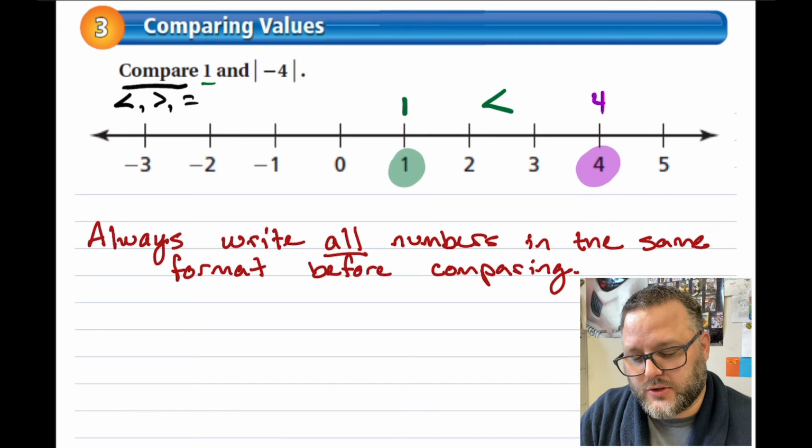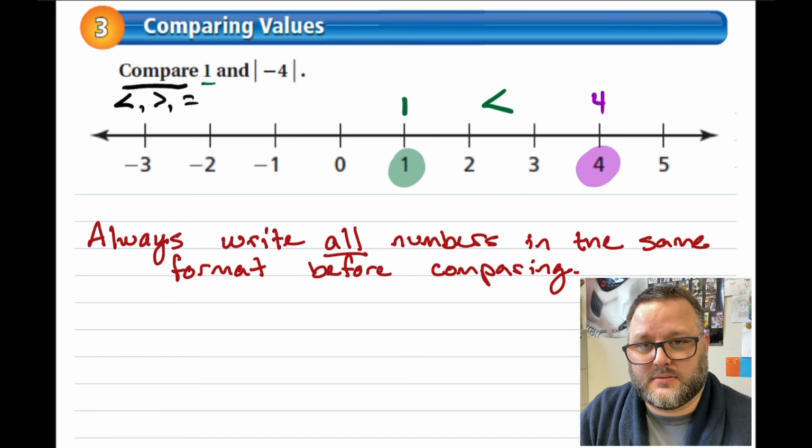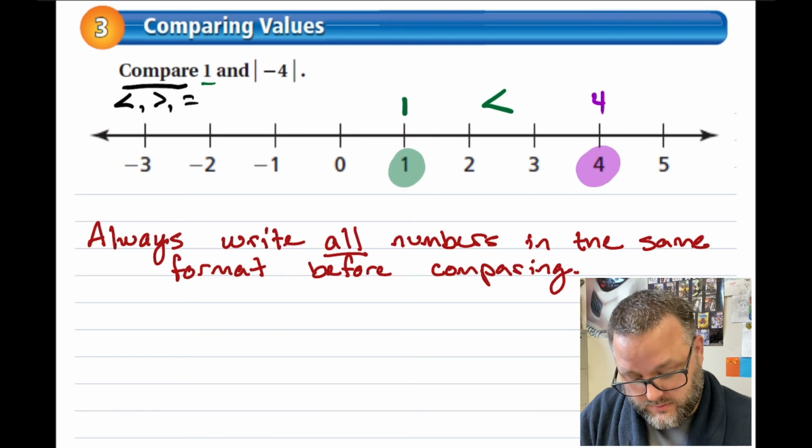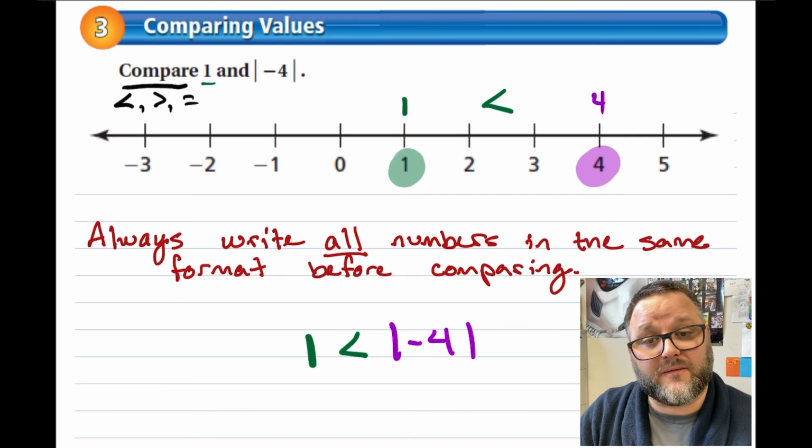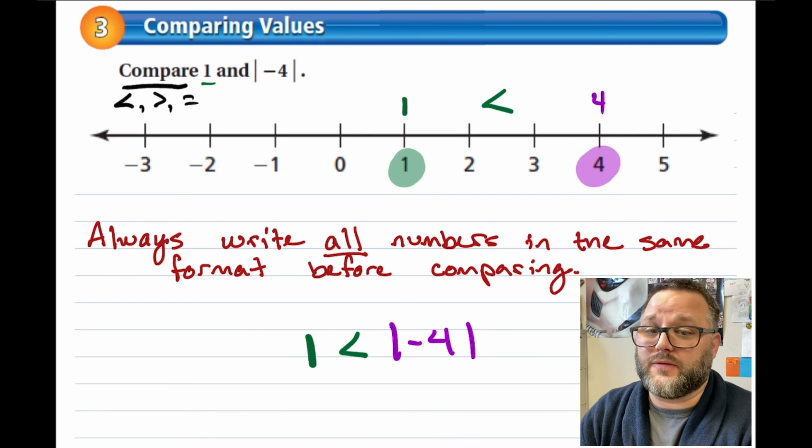In other words, we only turned the absolute value of -4 into 4 for ease in comparison. However, what we want to do is say 1 is less than, and here we're going to put that absolute value of -4. Because remember, 4 and the absolute value of -4 are equivalent.